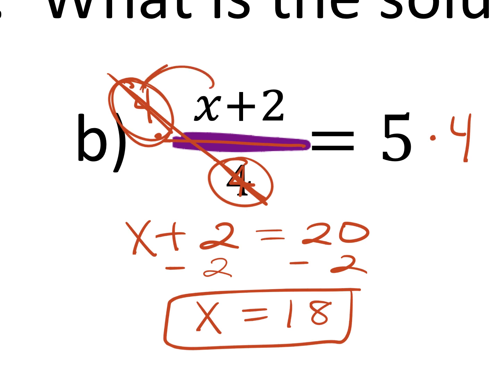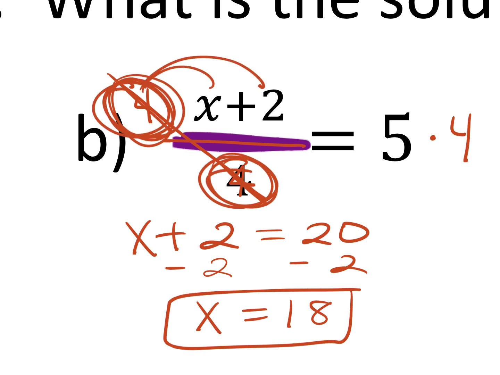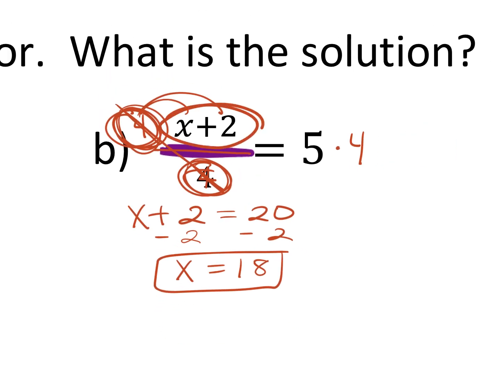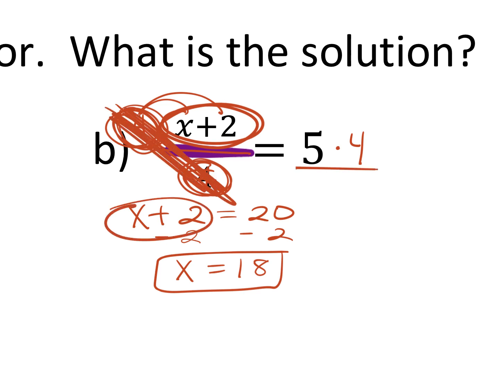You don't distribute that because it gets rid of it by doing these two together. 4 divided by 4 is 1. Don't try to send this 4 to everything else. So you have x plus 2 left over here once the 4's go away, right? And then 5 times 4 is 20. Does that make sense? Yeah.